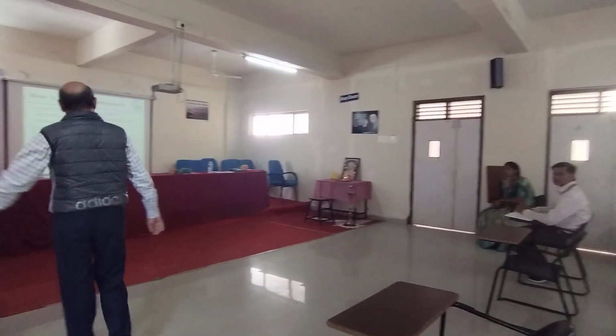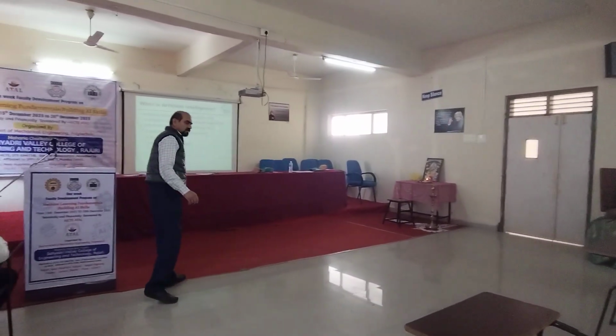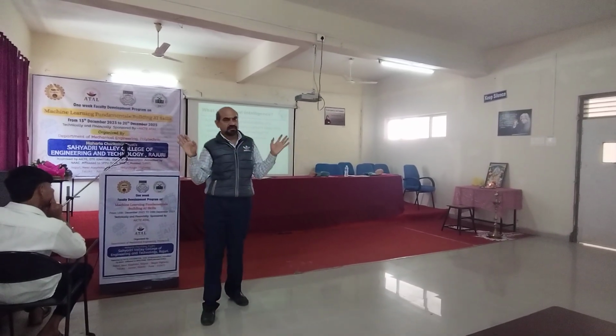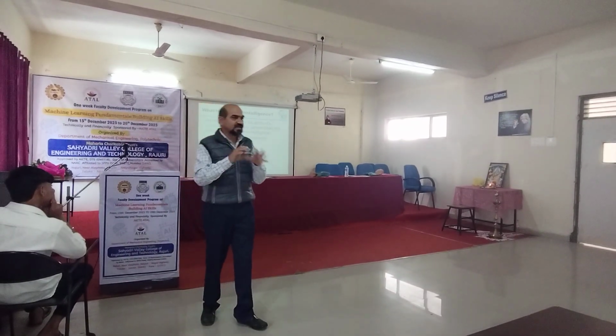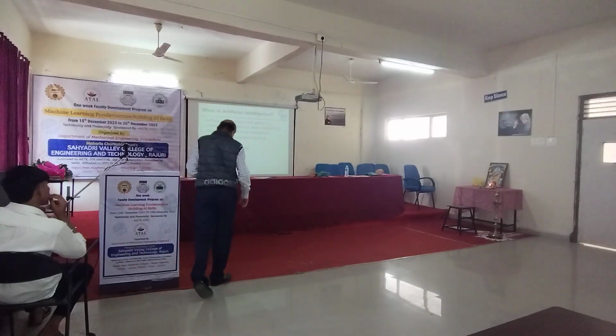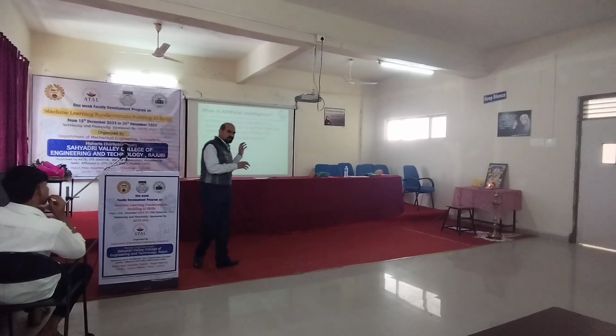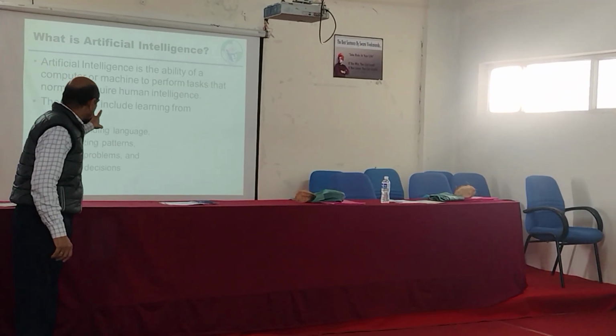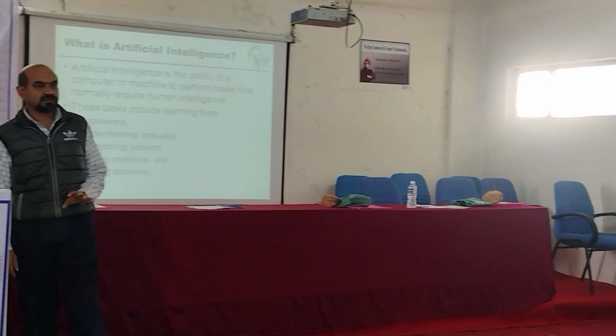What is artificial intelligence? Everybody knows artificial intelligence is a broad umbrella. Many applications are used, and whenever you are developing any application, it requires the last two words, human intelligence.